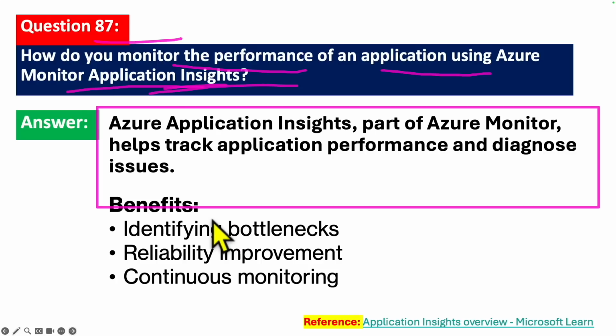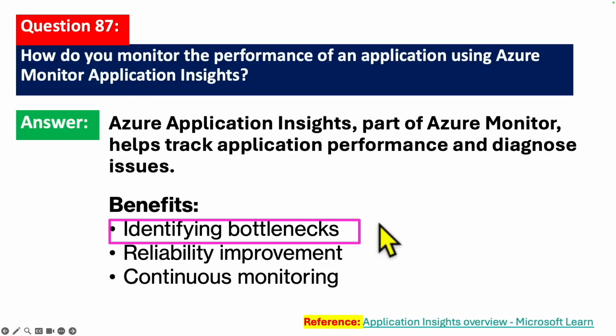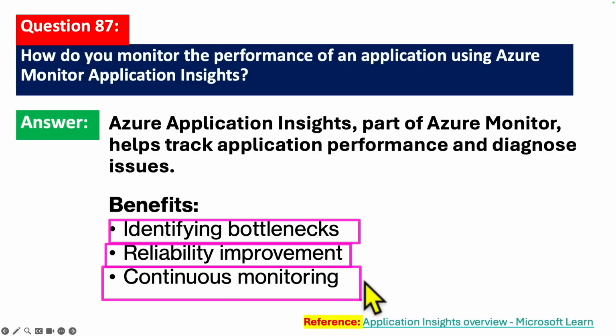Let's look at some of the benefits. The first key benefit is that this will help you pinpoint performance bottlenecks and areas of improvement, leading to more efficient and responsive applications. The second benefit is that Application Insights enhances your application reliability by diagnosing and resolving issues quickly, ultimately improving the user experience. And the third benefit is continuous monitoring.